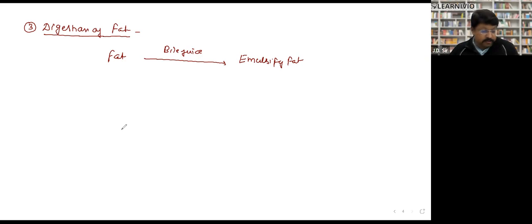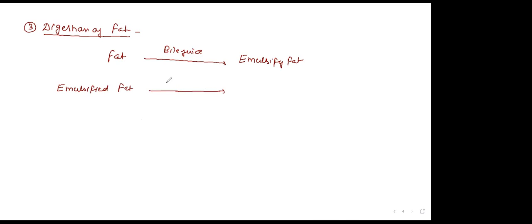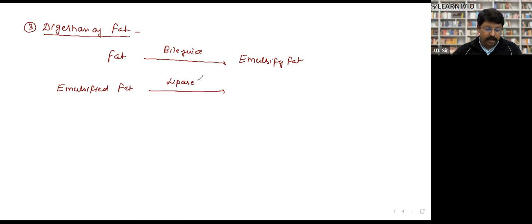Now the emulsified fat is converted into fatty acid and glycerides in the presence of lipase, right? So lipase breaks it down into fatty acid plus diglyceride.